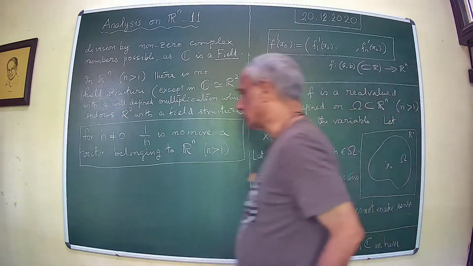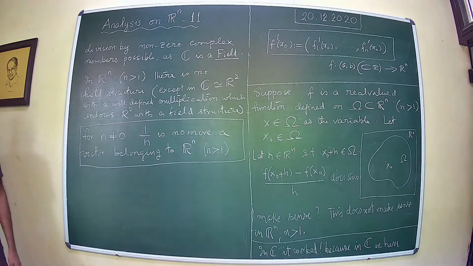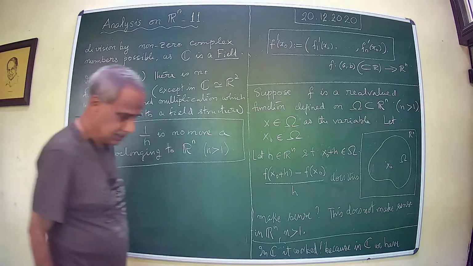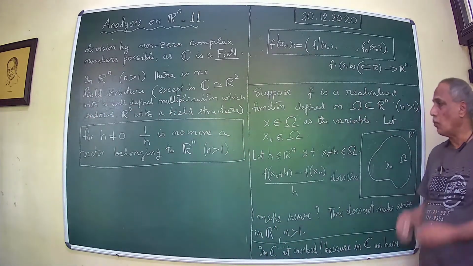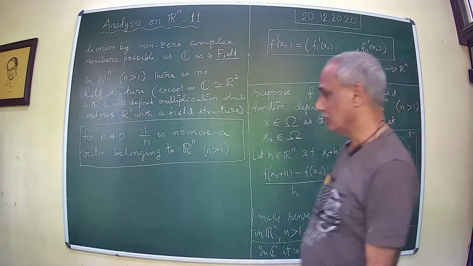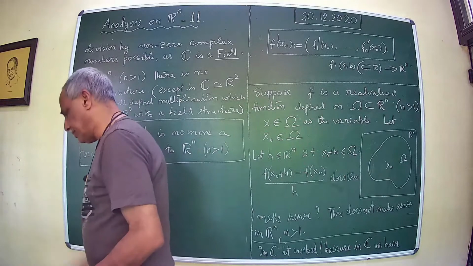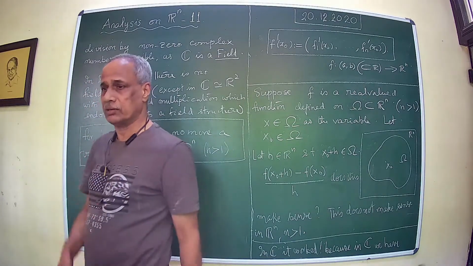Now, it is in this context that we actually try to rework the whole thing. Okay? What did we do? We try to avoid this division. So we had this problem, in R^1 we had this problem, or in C we had this problem, so we were trying to work on that.